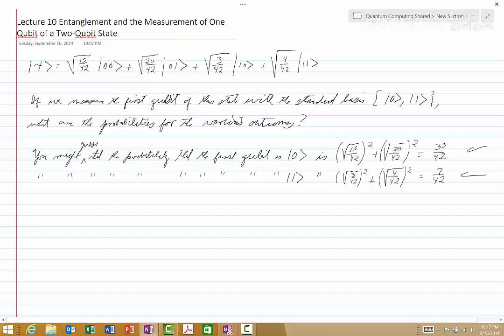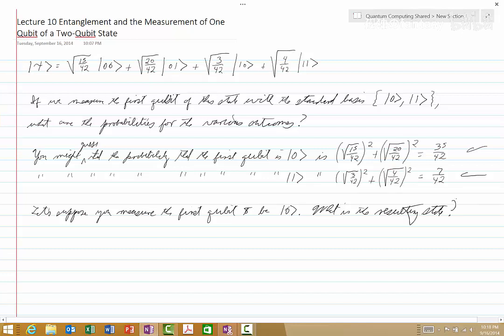Let's suppose, in fact, I want to go ahead and put this question down. Let's suppose you measure the first qubit to be 0. What is the resulting state? Now, if we measure the first qubit to be 0, you might reason as follows.